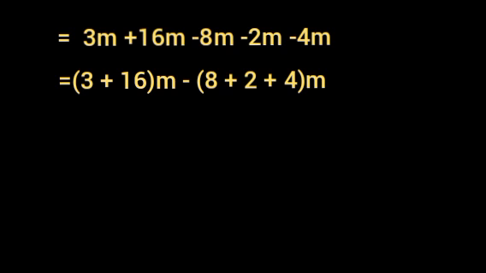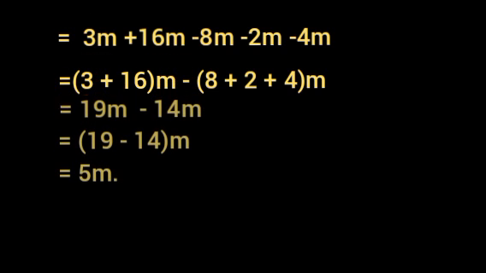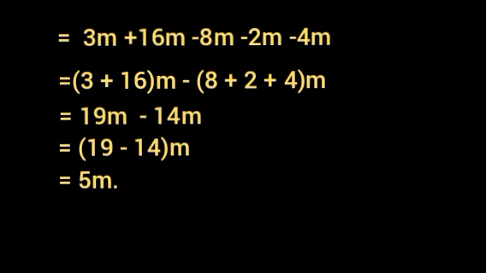Now that will give us 3 plus 16 is 19, so 19m, minus 8 plus 2 is 10, 10 plus 4 is 14, minus 14m. So we now have 19m minus 14m.